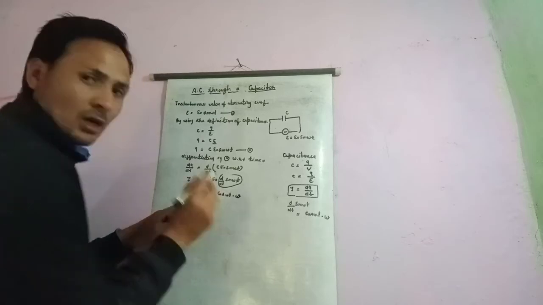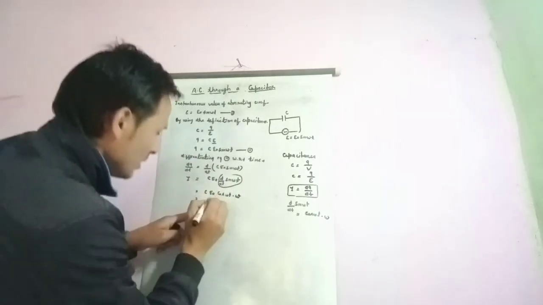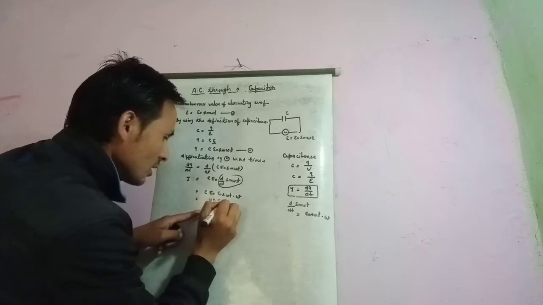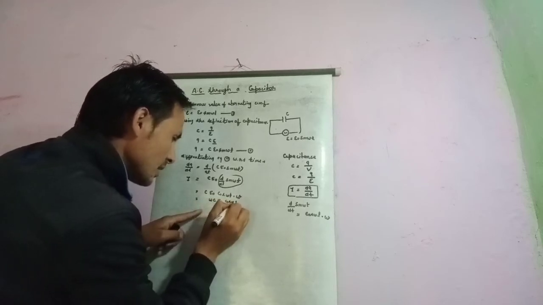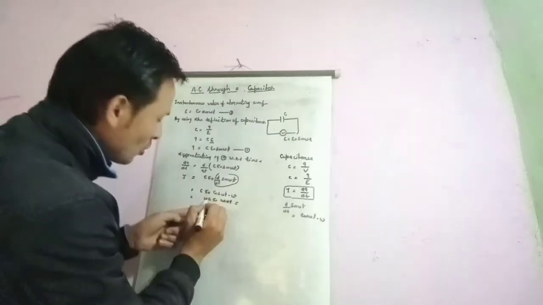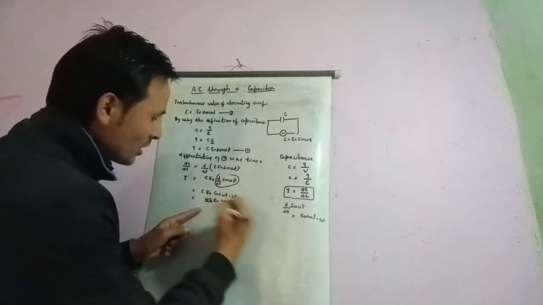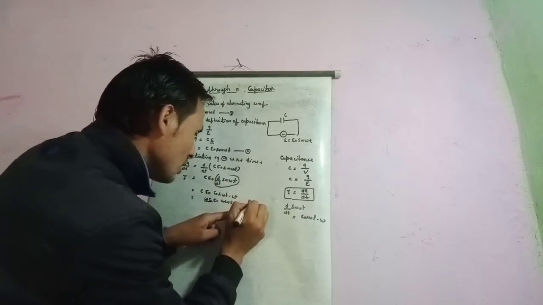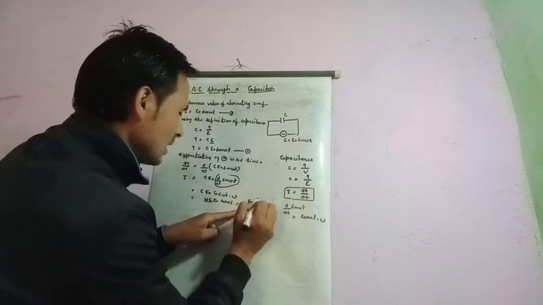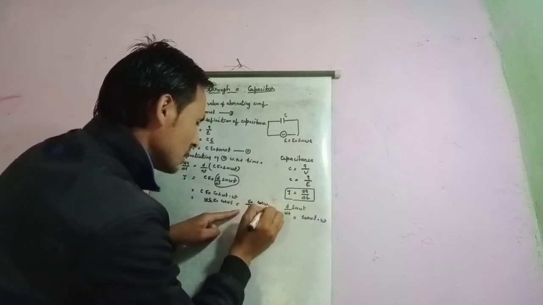So we can write omega C E naught into cos omega t. Now we can write this omega C in another form: E naught upon 1 upon omega C into cos omega t.